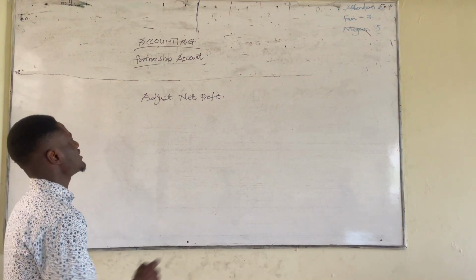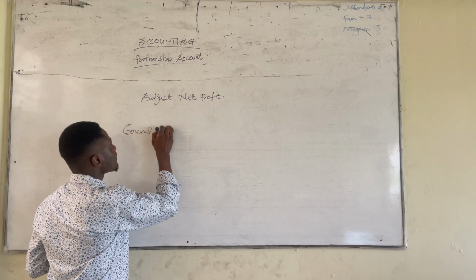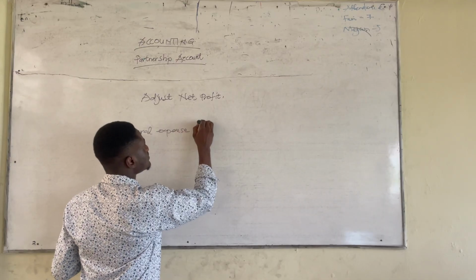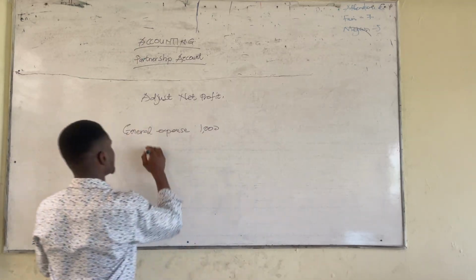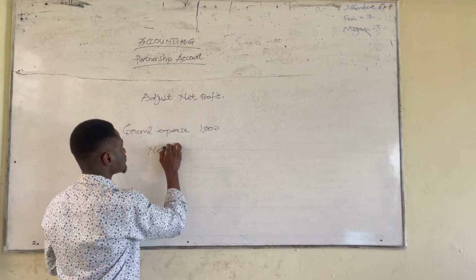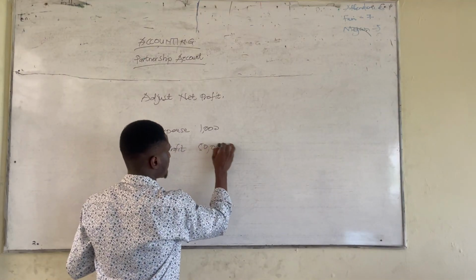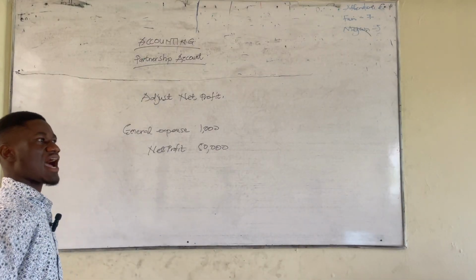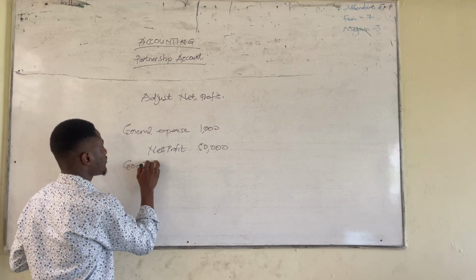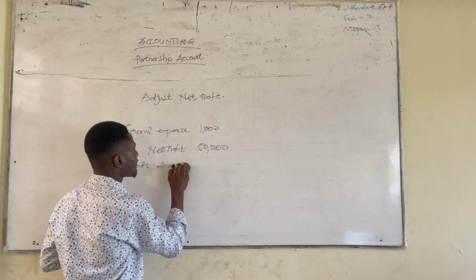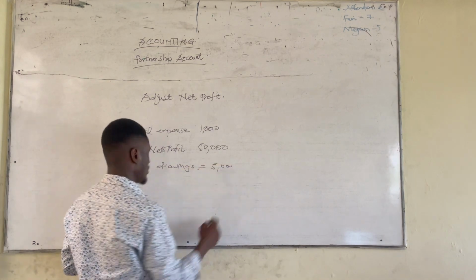So let's say we had general expense of 1,000, and our net profit was 50,000, and let's say we had goods drawings of 5,000.